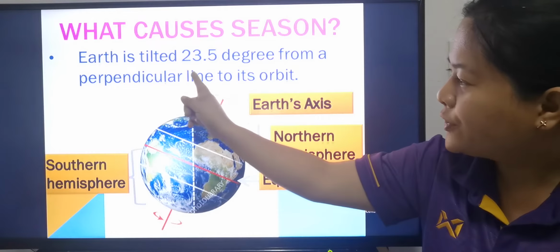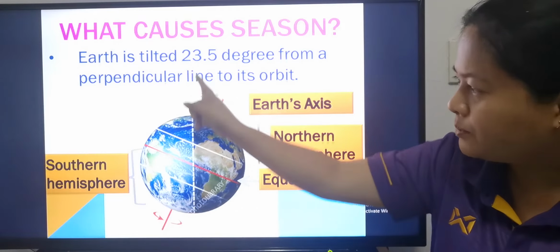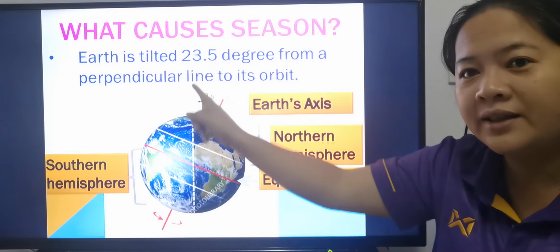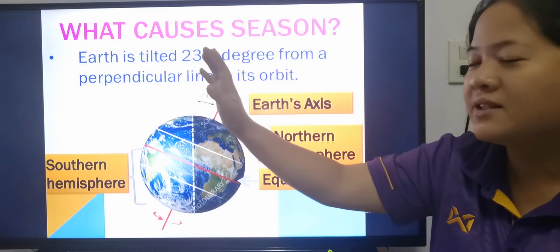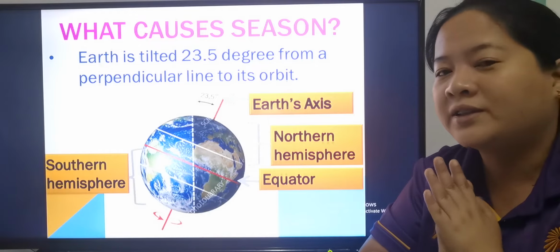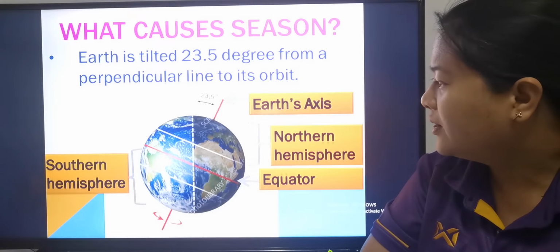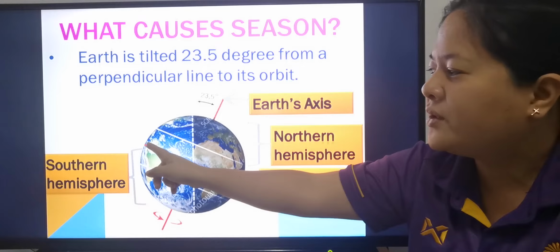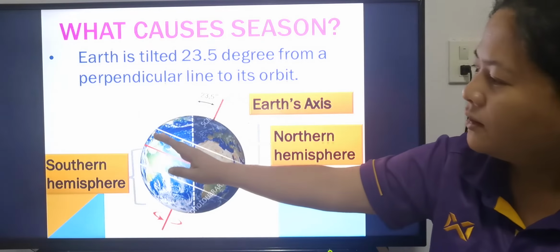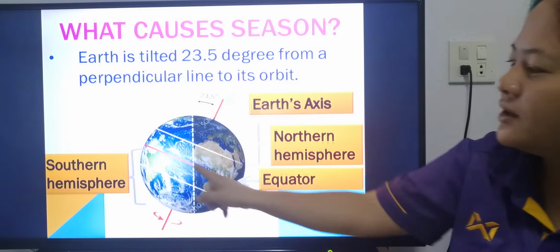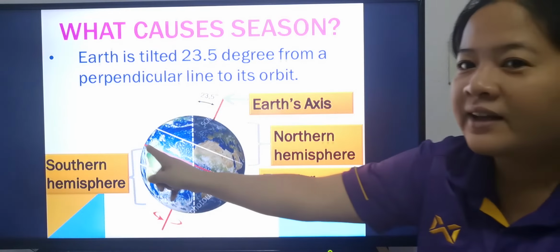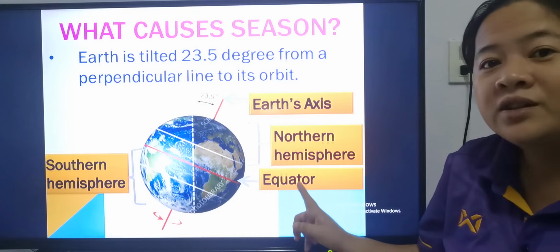Now, if you draw a perpendicular, straight line, you will see that the Earth is tilted 23.5 degrees. Now, if you are going to divide Earth, here in the middle, this red line is called the equator.